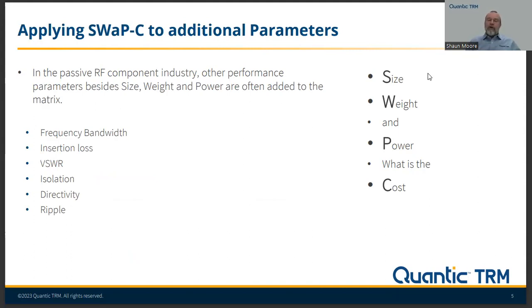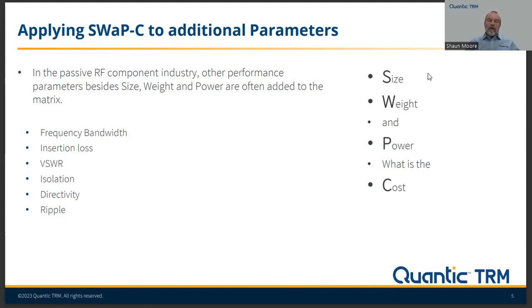Really, as you're going through the design process, every parameter is important. It's not just how big it is. It's not just how much it weighs. It's not just how much power it can handle. But it's also, when you get involved with designing anything, how much bandwidth you have, how much insertion loss you have, what is the VSWR, and so on and so on.